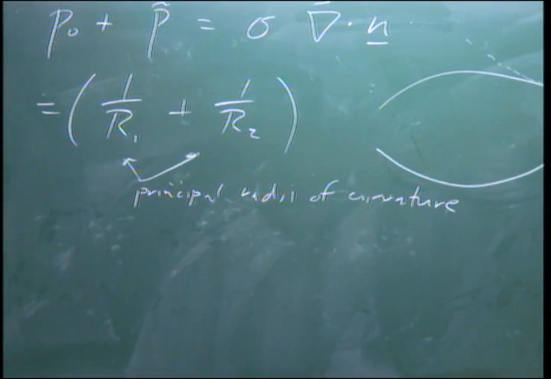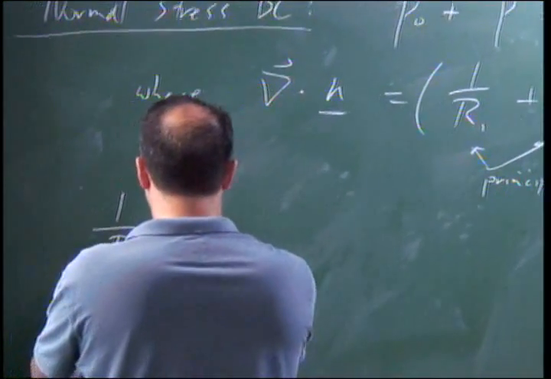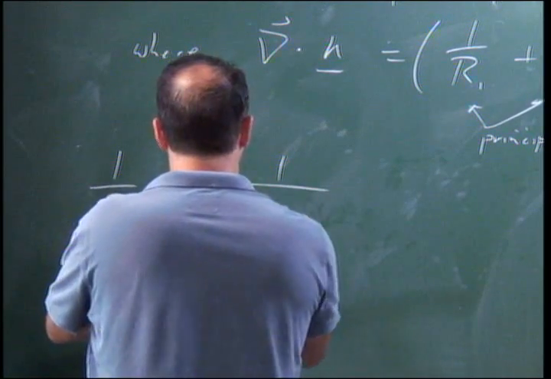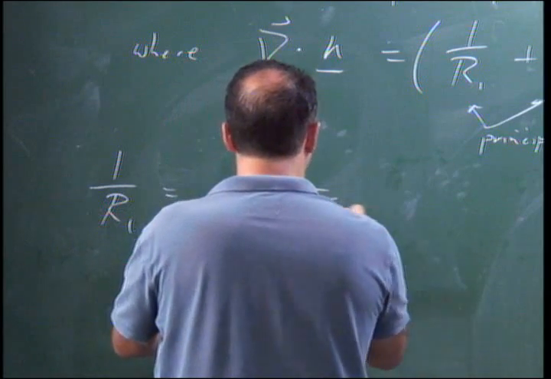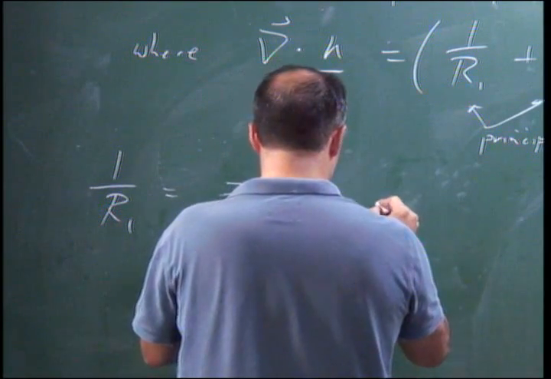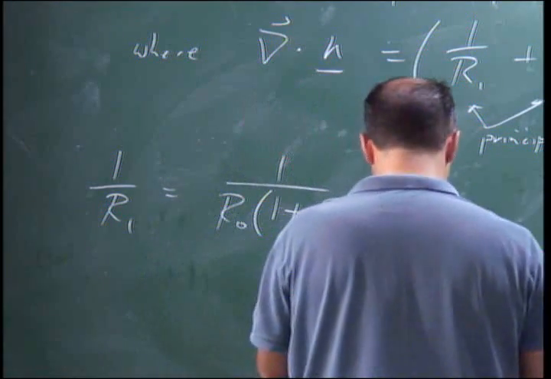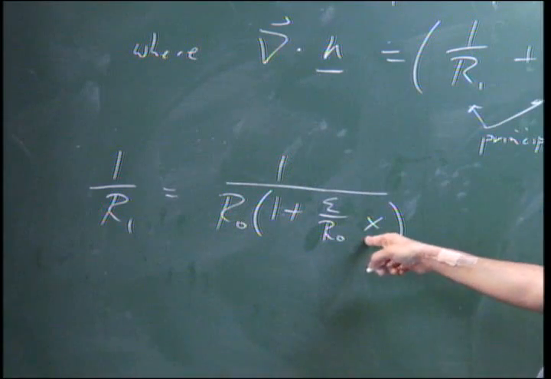Okay, we know that we've expressed R1 as R naught times 1 plus epsilon over R naught, times this exponential.